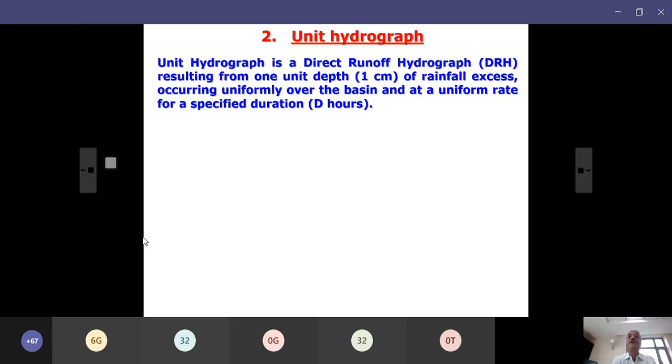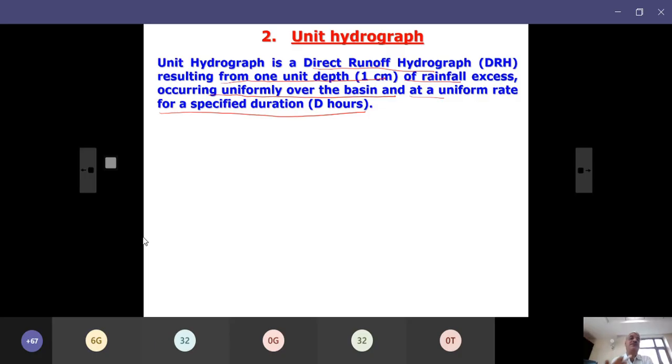So unit hydrograph is a DRH, direct runoff hydrograph, resulting from 1 unit depth, we take 1 centimeter in our case, of rainfall excess, means runoff, occurring uniformly over the basin. The assumption is it never occurs exactly like that, but we assume that it is occurring uniformly over the basin. That's why there is an areal reduction factor and conversion factor, and at a uniform rate for a specified duration.